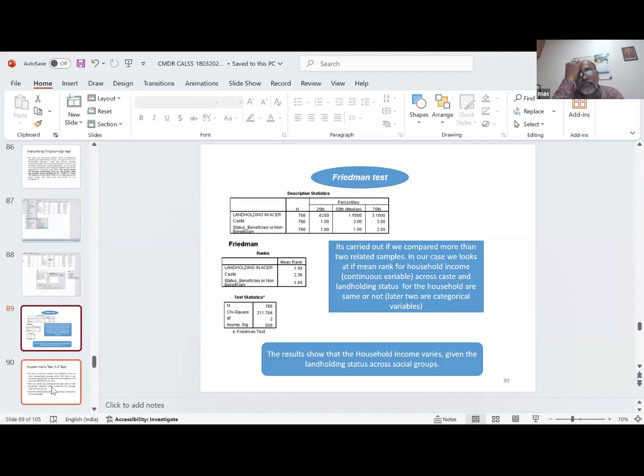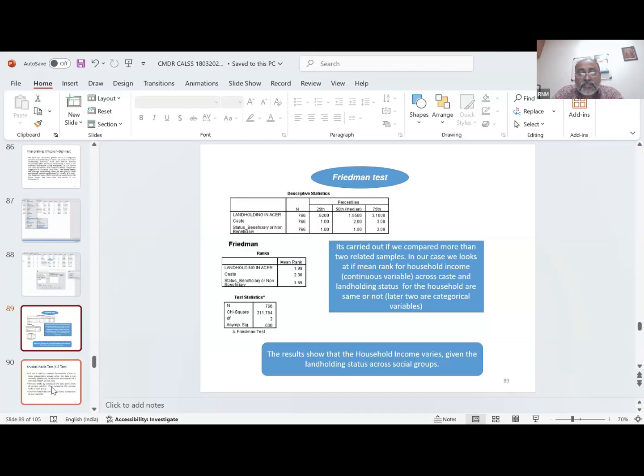Now here you see that we have used the quartiles, percentiles. 25th, 50th, 75th means it is quartile actually. So the quartile formula has been used to derive the mean rank. There are a lot of formulas, we don't have to worry about it. SPSS will do it for us. But those who are statistics students can explore it further.